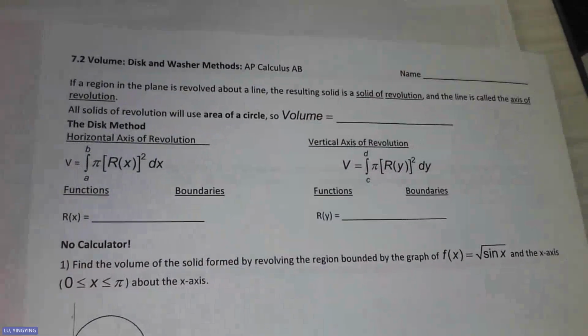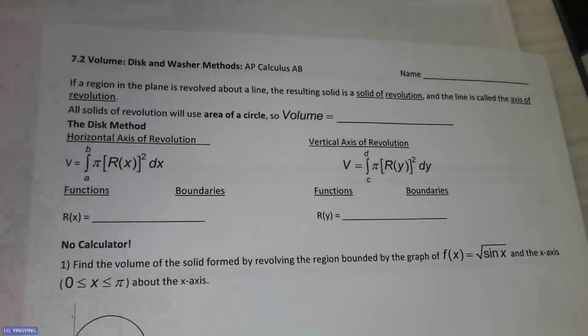Now I'm going to show you the actual 3D version. This is a disc. You can imagine apples, oranges, basketballs, soccer balls. We want to find the volume of this. But what does this look like in 2D?